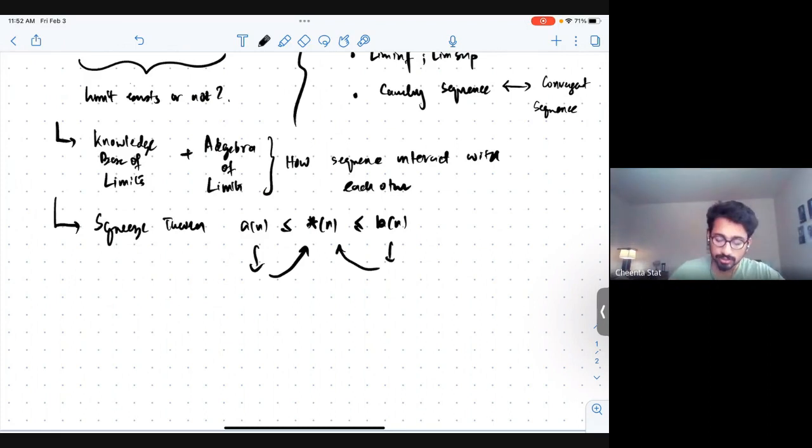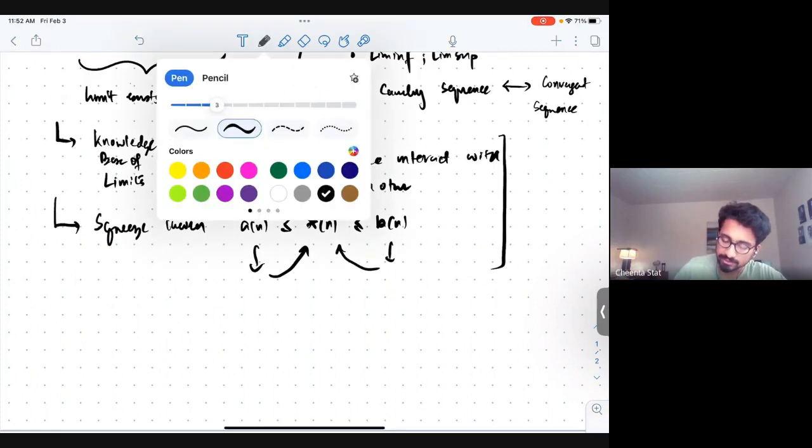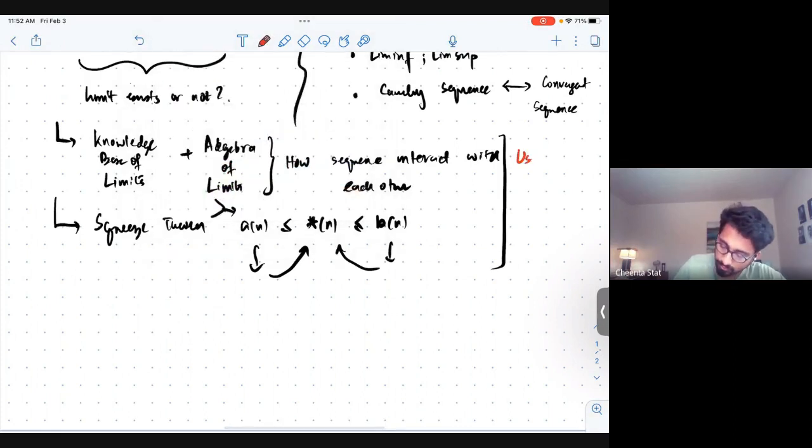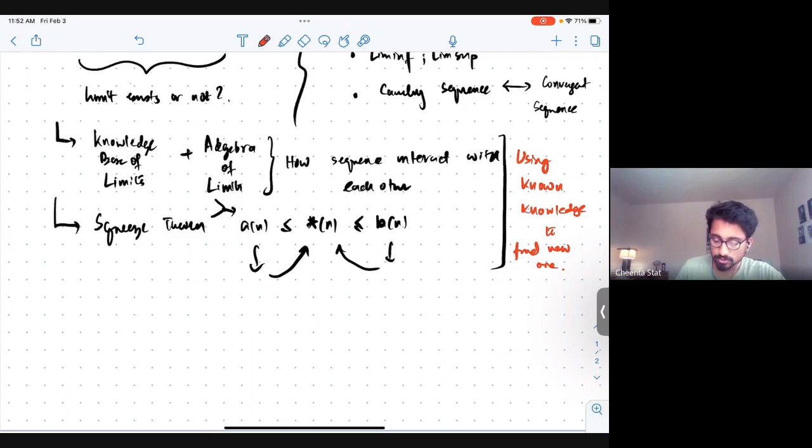The knowledge, algebra of limits and squeeze theorem connect together. Essentially, the basic idea is using known knowledge, known information, to find new information.